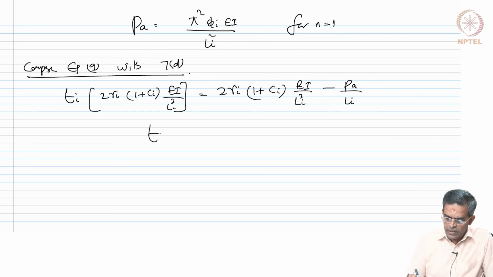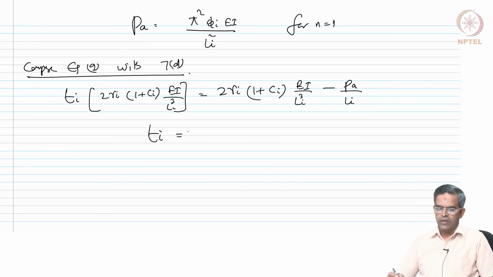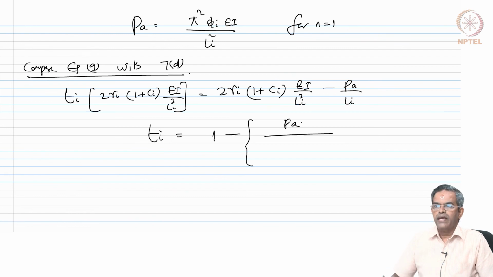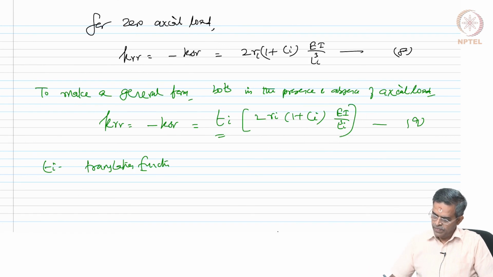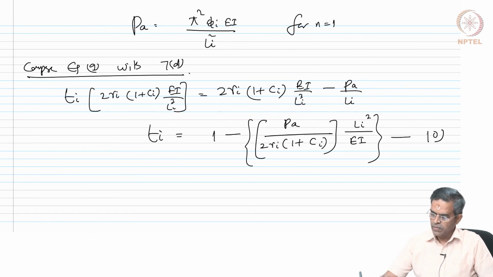So, this gives me Ti as 1 minus Pa by 2Ri of 1 plus Ci of Li square by Ei, equation number 10.